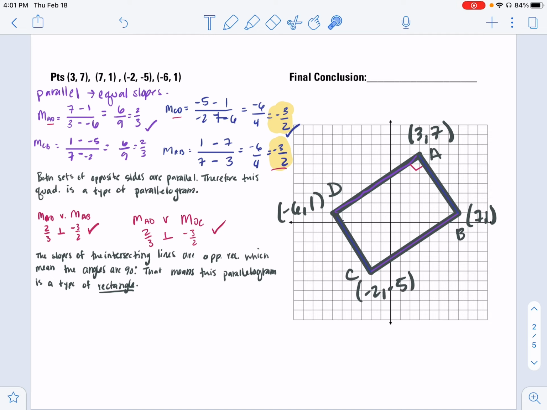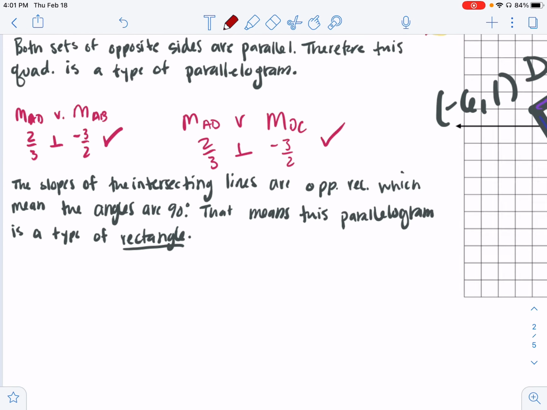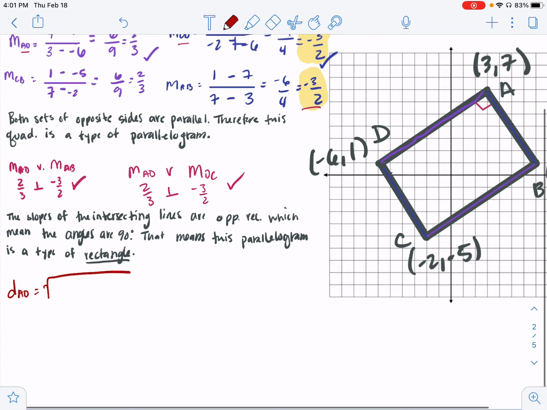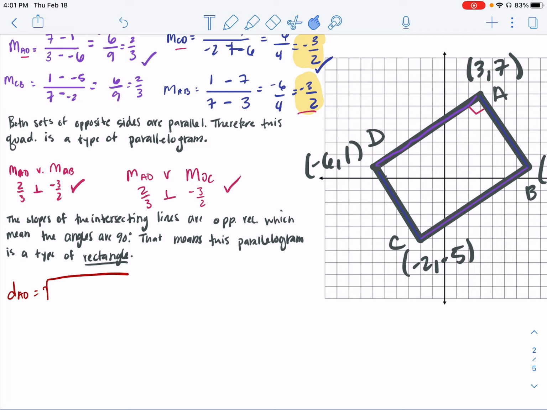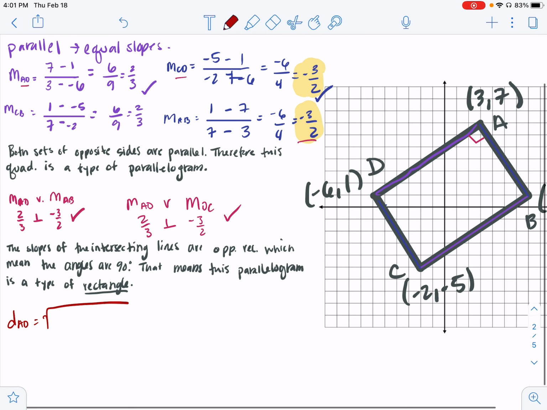So I'm just going to do the distance formula for AD and the distance formula for AB. So my change in x here is going to be 3 and -6, which is 9. My change in y is going to be 7 and 1, which is 6.